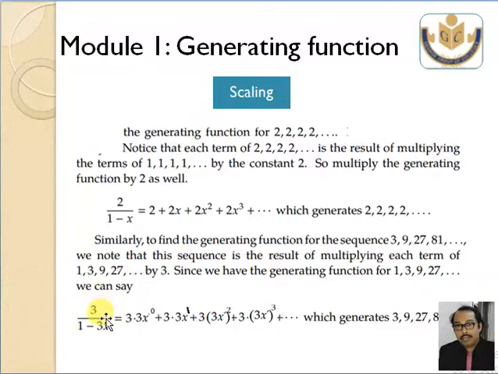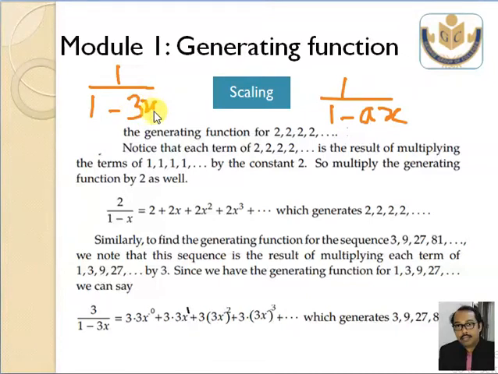Best part is you write this in your copy and try to relate this with 1 by 1 minus ax, or try to write 1 by 1 minus x, and another one 3 by 1 minus 3x.